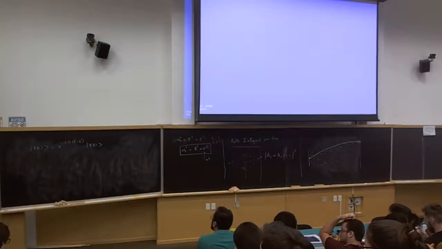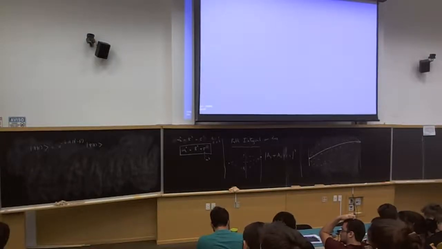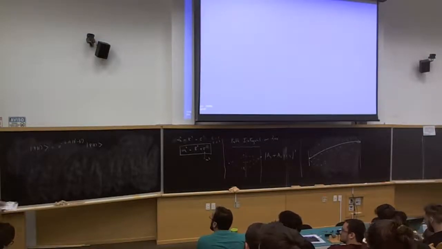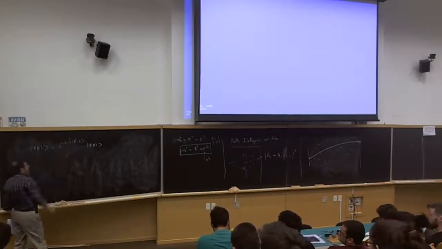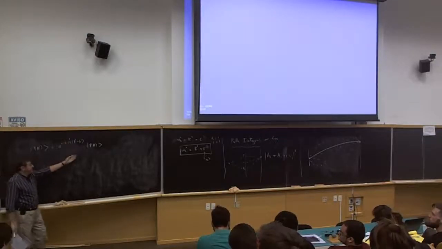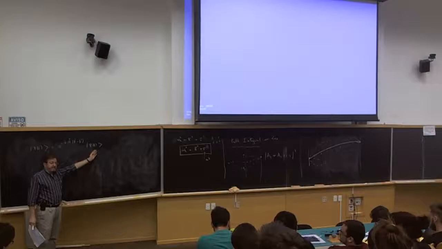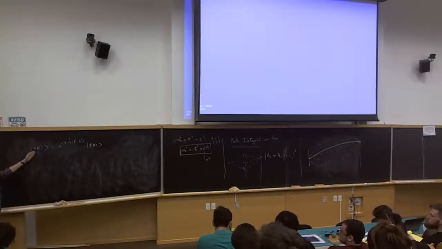You know what that is, right? This is the solution of the Schrödinger equation when the Hamiltonian is time independent. It is the evolution of the state vector from a time t to a time t prime.